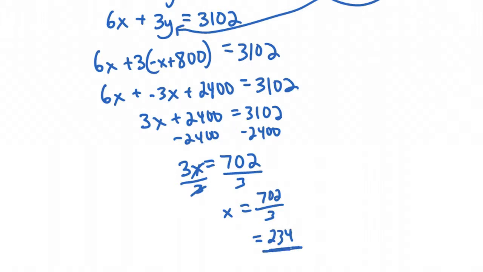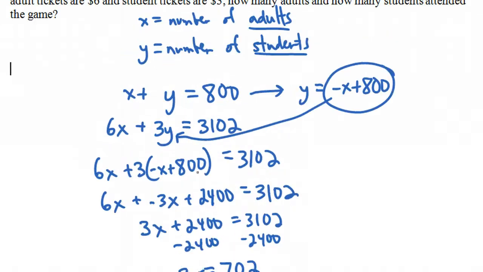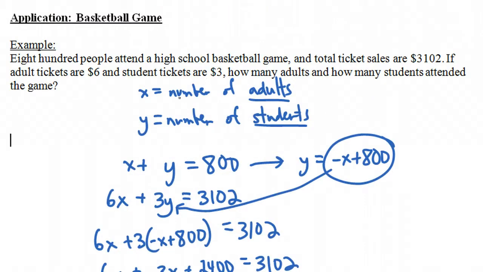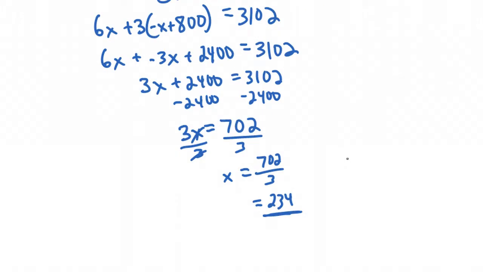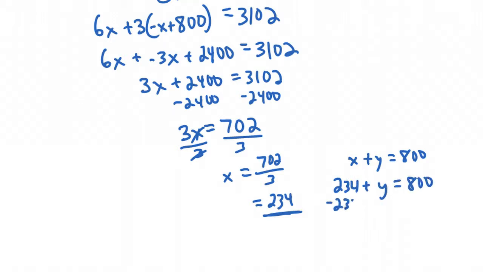So what does that mean? X is 234. Well, let's go back and look, and what did X mean? That was the number of adults. Okay, so how many students are there? Well, let's take this equation, x plus y equals 800. And we know that there are 234 adults. So how many students were there? We'll subtract 234 from both sides.